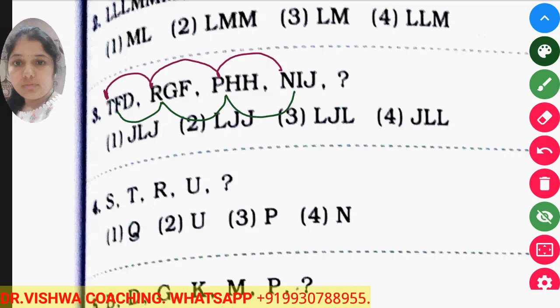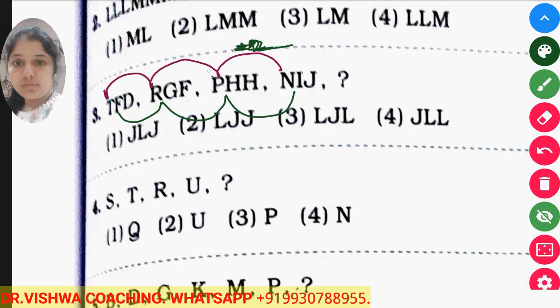So if you look carefully at the first letter, N, L, M, N, we say N, then O, P, meaning there is a gap of 1 alphabet, or you add 2 alphabets to it, so you get the next alphabet, or you reduce 2 alphabets, so you get the next alphabet in the series. So O, N, O, P.